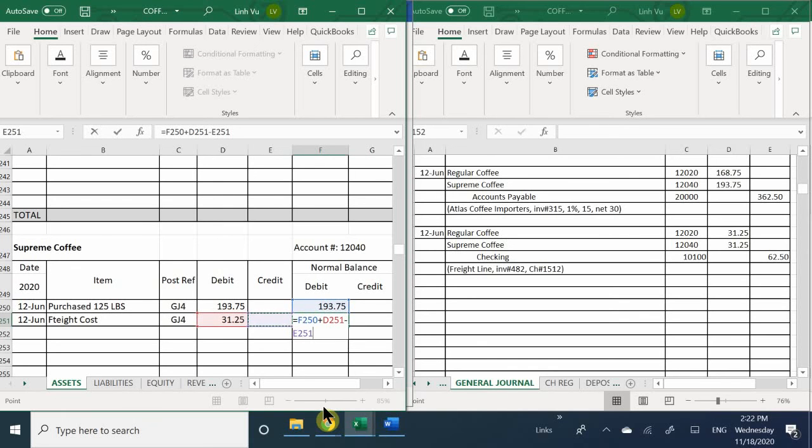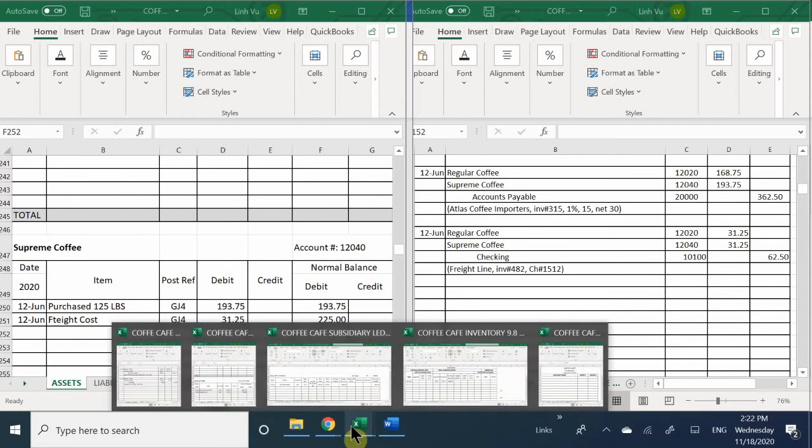That gives us $225. So this is the total amount that I should have in my inventory for Supreme Coffee.